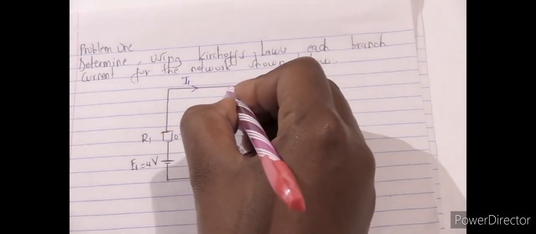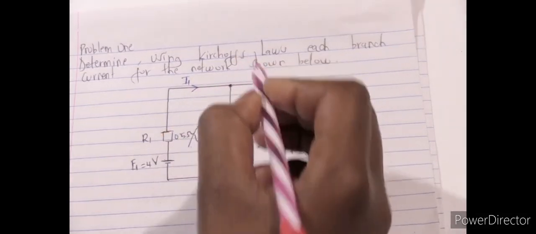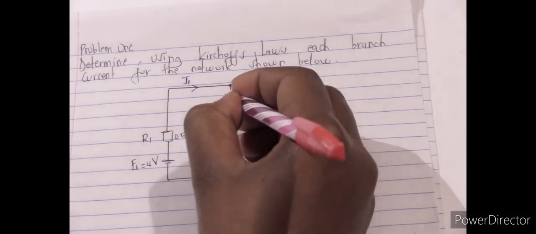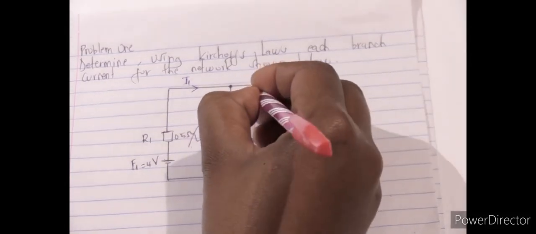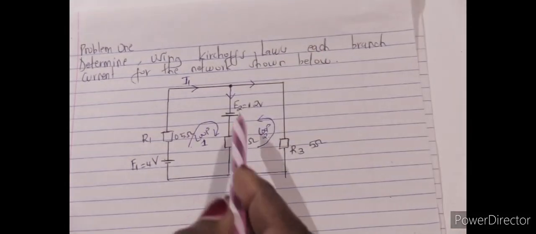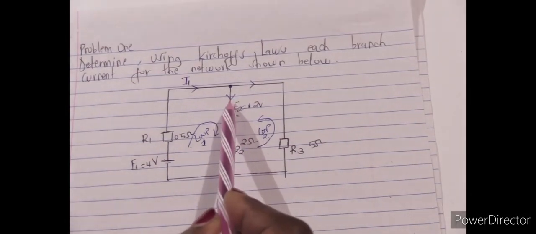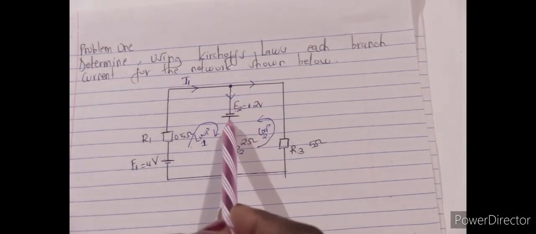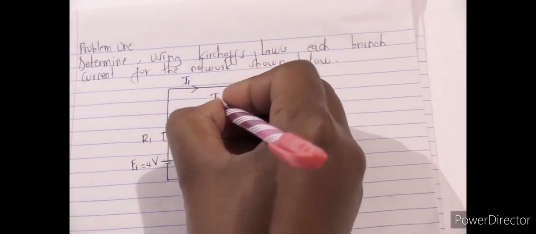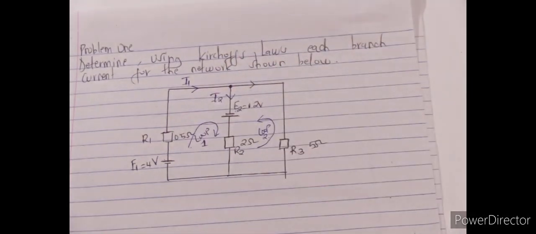So I1 is coming into this junction, meaning this one is coming out and also this one is coming out. Basing again on this source, we name this current I2.